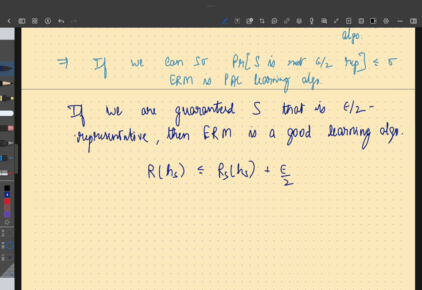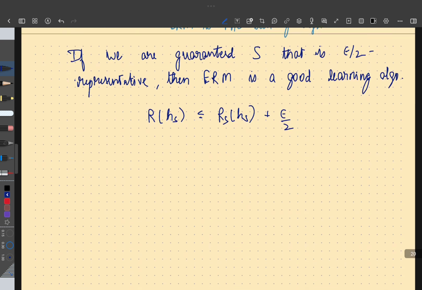It is the empirical risk corresponding to the empirical risk minimizer. Right? So Rs of Hs is less than or equal to Rs of H star. Remember that H star is the one that achieves minimum R. Correct? Rs could be a little bit different from R, because Rs is after all a random quantity. R is a deterministic quantity that depends on the distribution. So R of Hs is at most Rs of H star plus epsilon by 2.